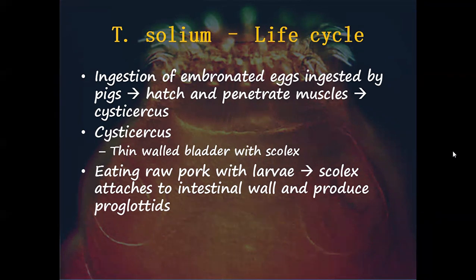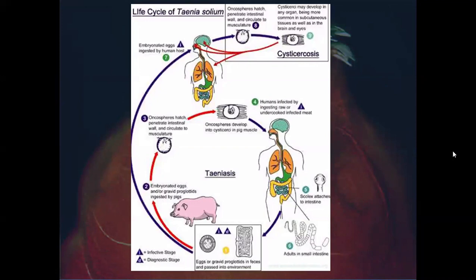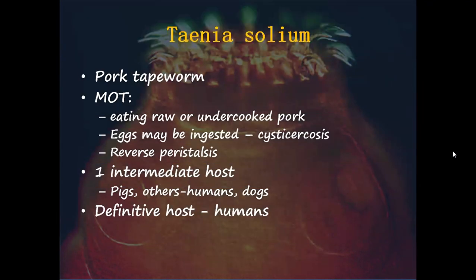Ingestion of raw pork or undercooked pork containing the cysticercus. So your infective stage for T. solium is the cysticercus larvae. Okay, that is one. Let's go back to the mode of transmission.